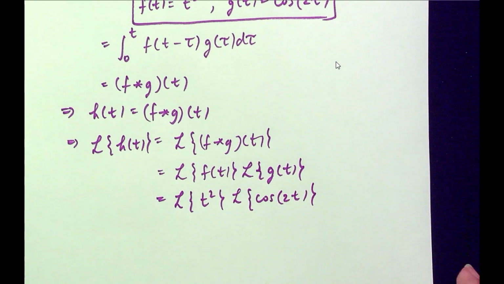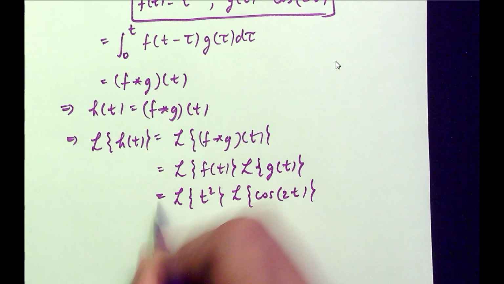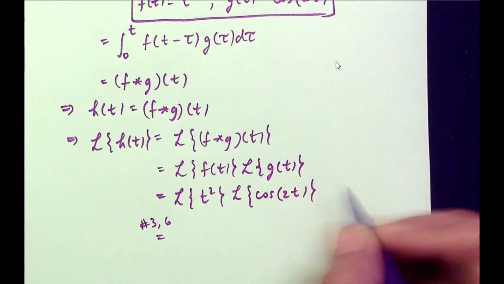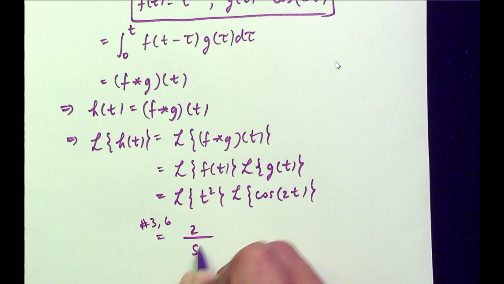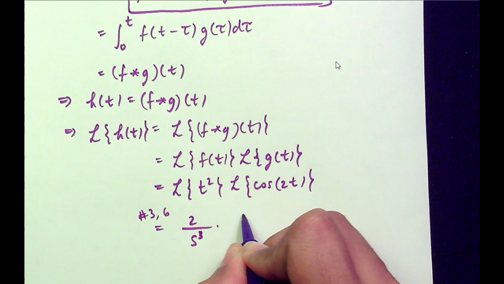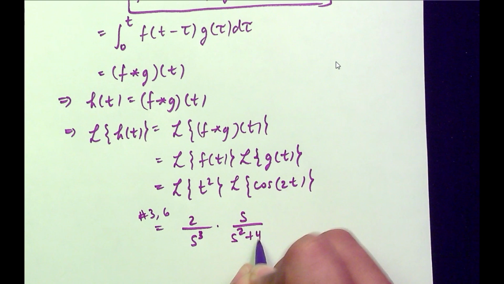You look these up in the table of Laplace transforms, entries 3 and 6. These will be 2 over s cubed times s over s squared plus 4.